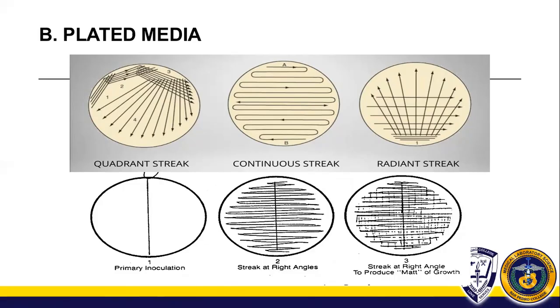Our target is to allow the growth of bacteria to spread all throughout the entire surface area of the Mueller-Hinton agar, so we inoculate the surface using overlapping radiant streaks, making sure that all the surface is covered with microbial organism.